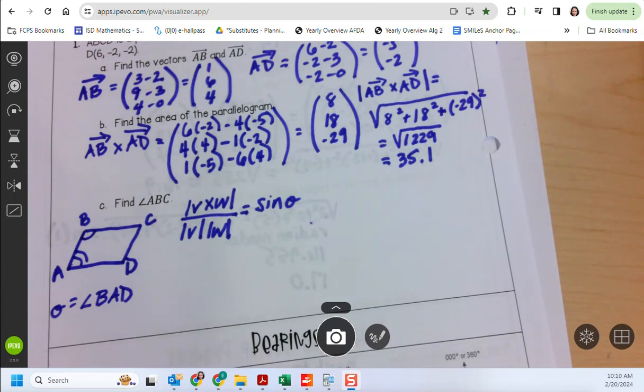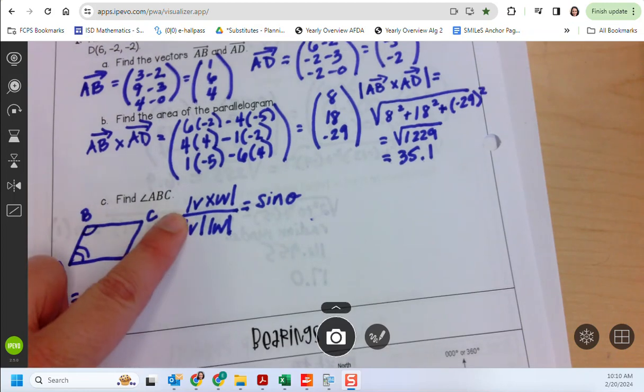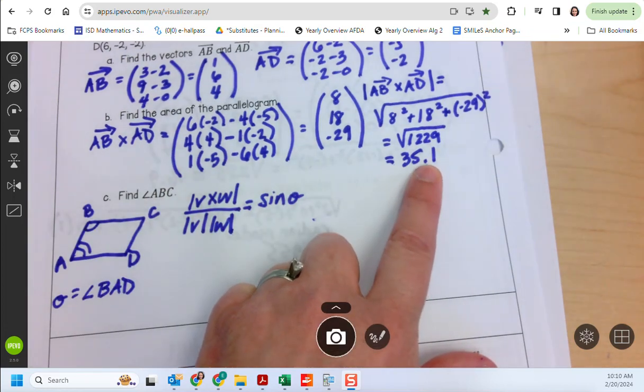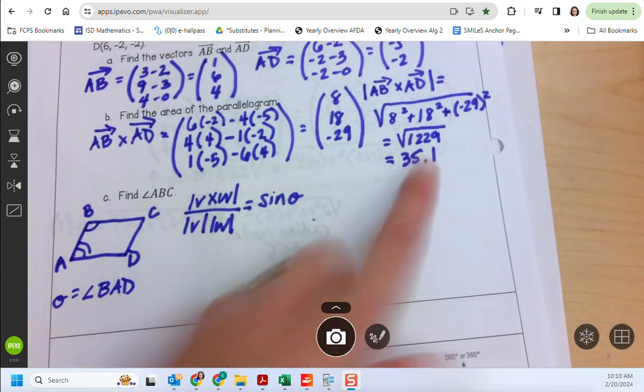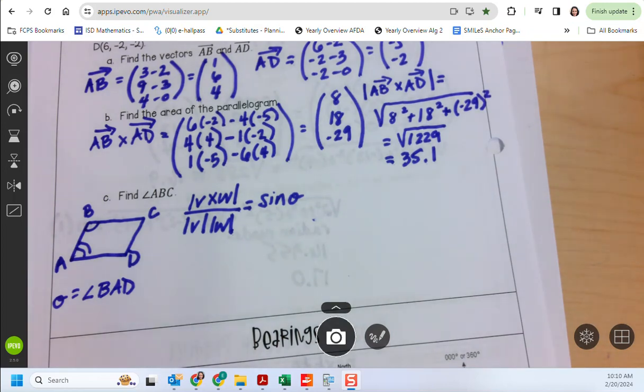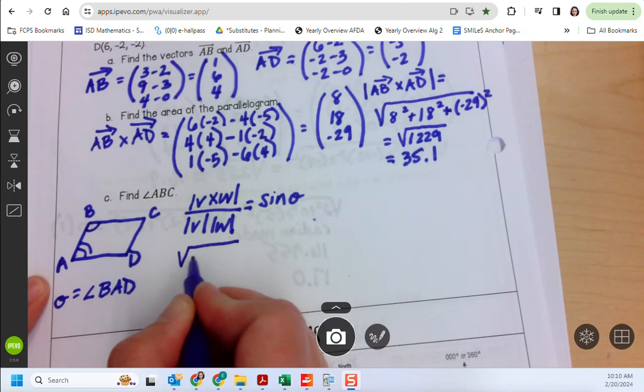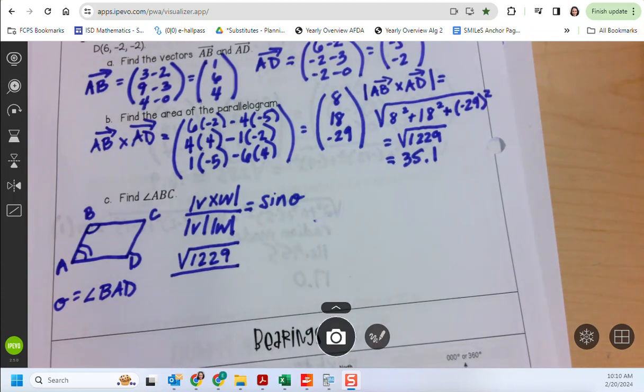All right, so we already know that the magnitude of the vector product of v and w is 35.1, but instead of using that rounded version, I'm going to use the square root of 1,229. Okay, and then I need to find the magnitude of v.